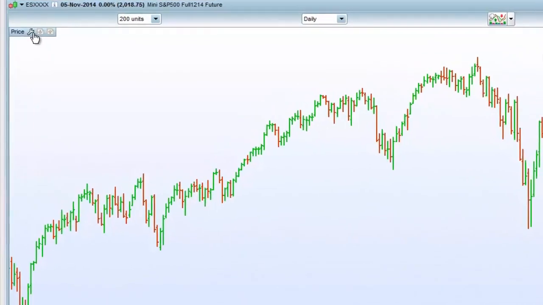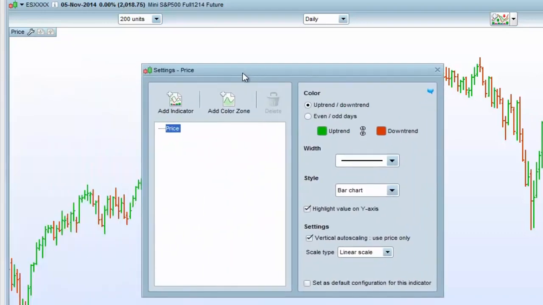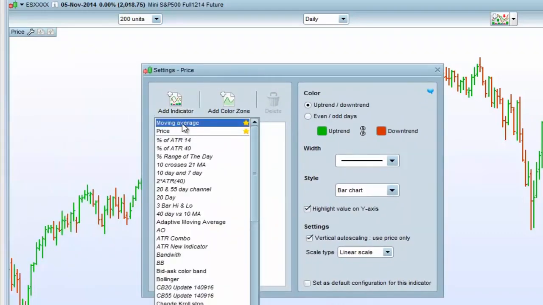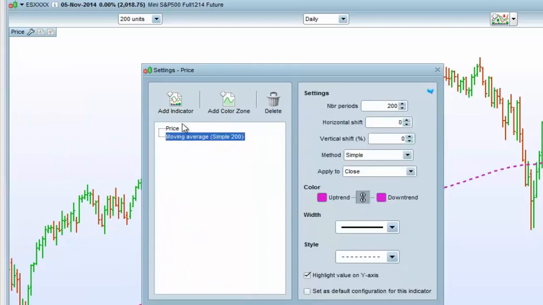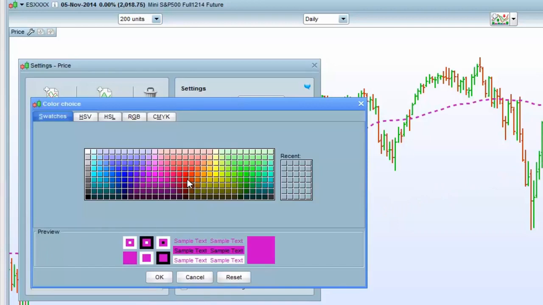Okay, so we go up to the wrench up here, and we're going to start by going to the Add Indicator box. And up there you have moving average right at the top. We click on that, and then you see this purple or pinkish dotted line appears. Now under the number of periods you see 200. I'm going to change that to 50. And then I'm going to change the color to red.